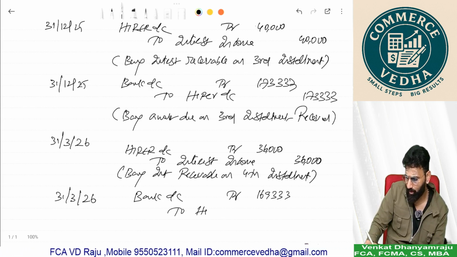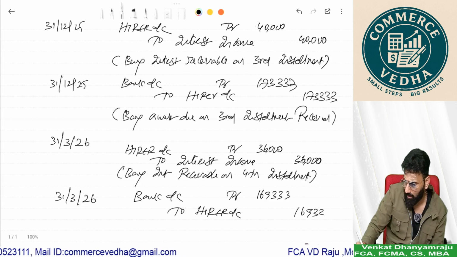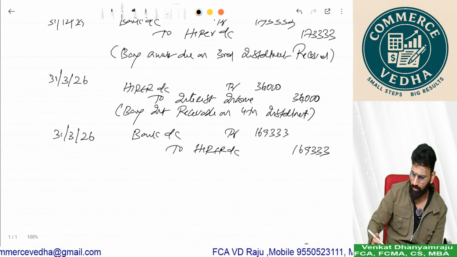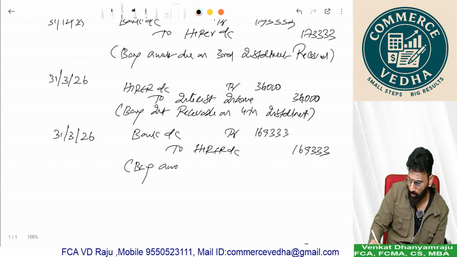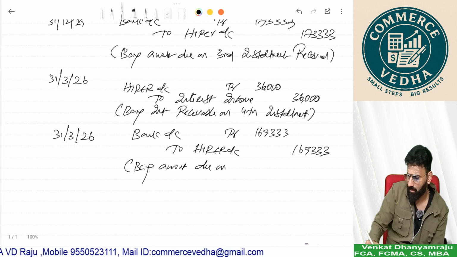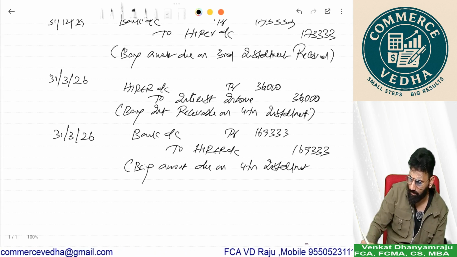To who paid you? Hirer, 169,333. You will write being amount due on fourth installment received.